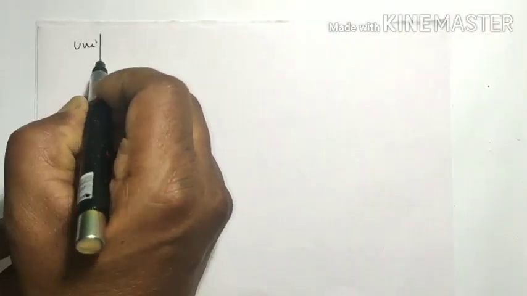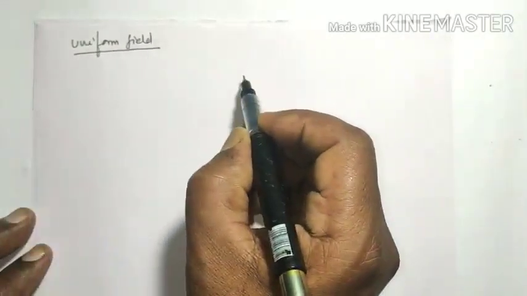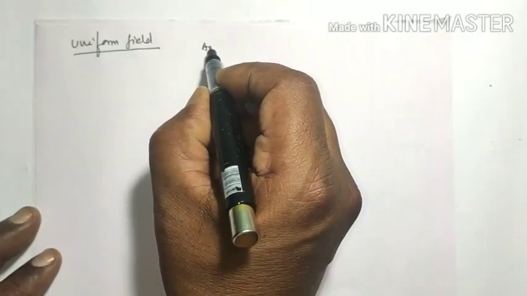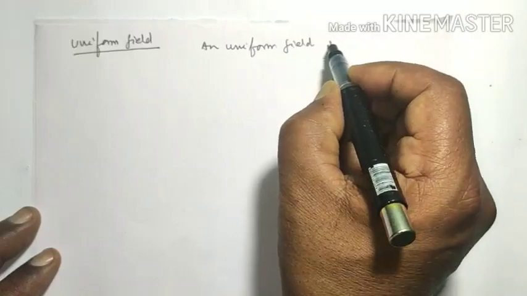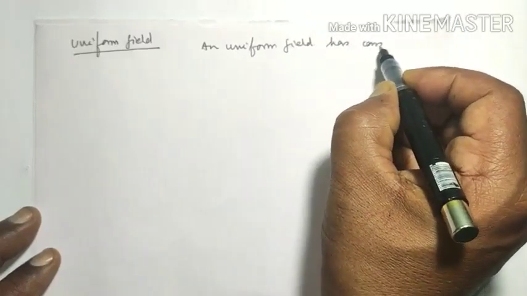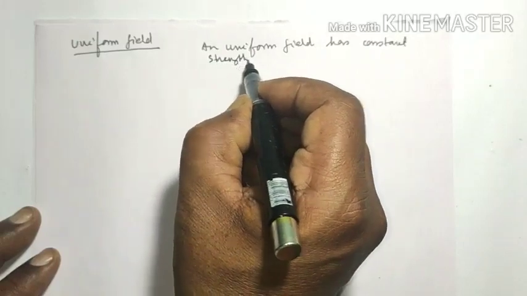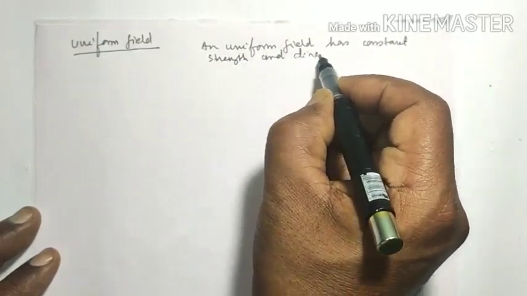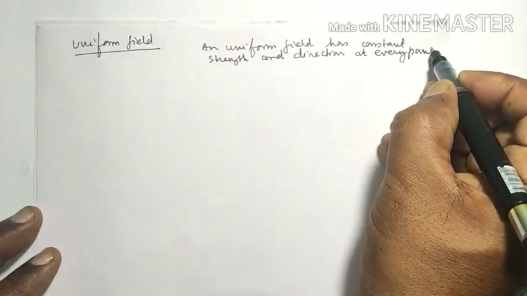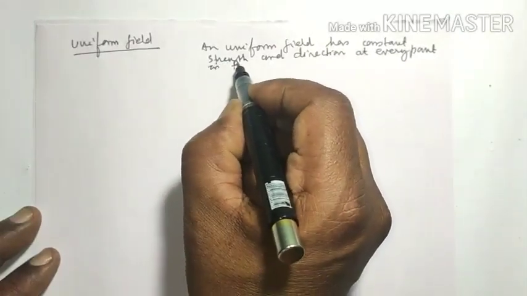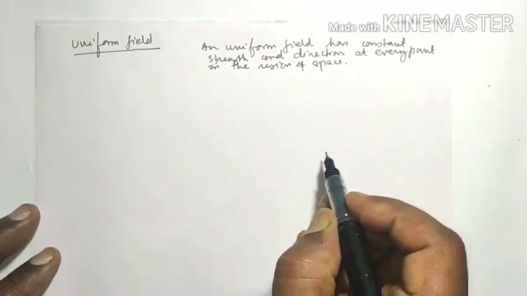Let us discuss uniform field. A uniform field has constant strength and direction at every point in the region of space.